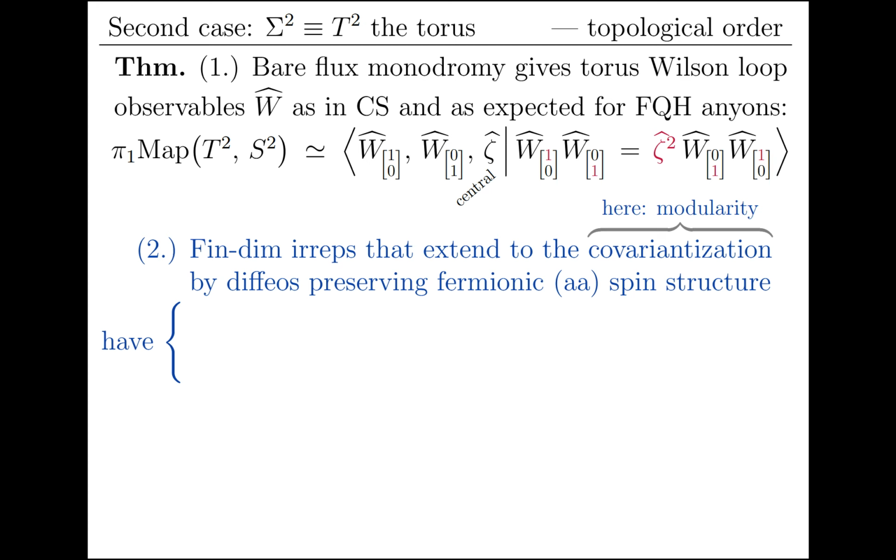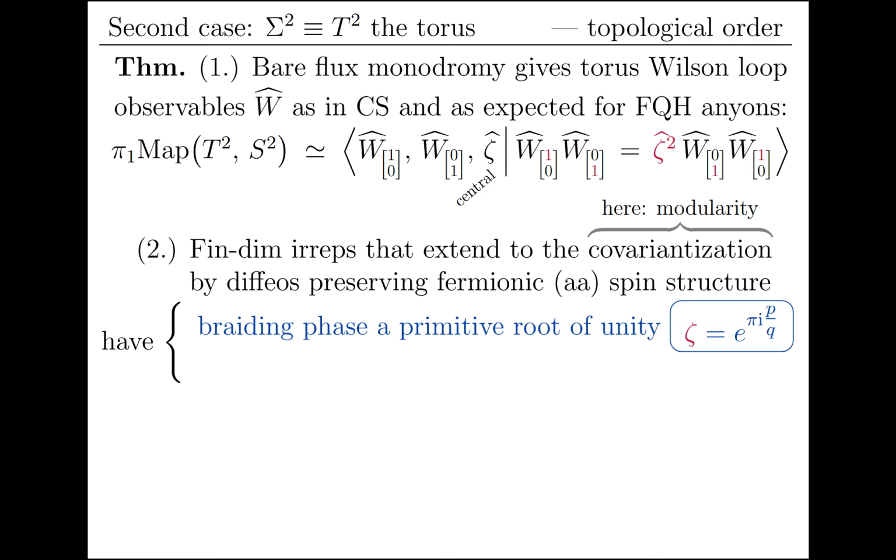So anyway, we're modularizing with respect to the spin modular group, and it turns out the finite dimensional irreps of the flux monodromy that do extend, that are modularly equivalent, have a braiding phase a primitive root of unity. Remember, in the previous argument on the plane, we just got that there is a braiding phase.